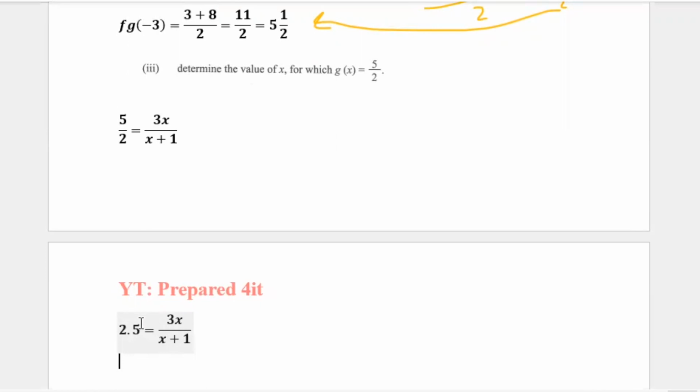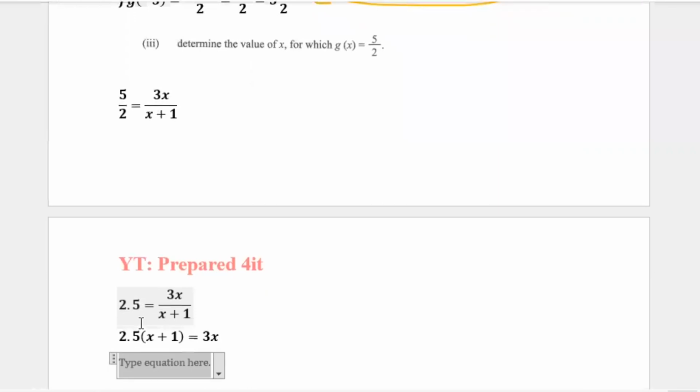So it's the same as I'm multiplying both sides of my equation by x plus 1. So what we'll get is 2.5 being multiplied by x plus 1 is equal to 3x. We can expand our bracket here. So 2.5 multiplied by x, that will give me 2.5x plus 2.5 multiplied by 1, that will give me 2.5. Now on equal to 3x.